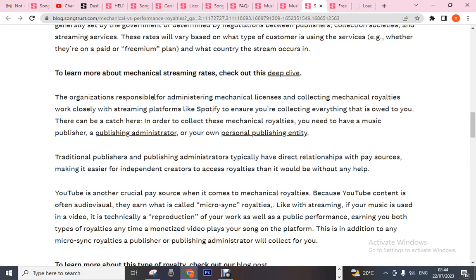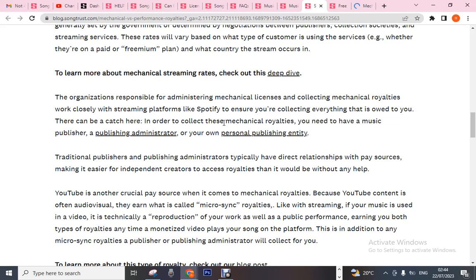The organizations responsible for administering mechanical licenses and collecting mechanical royalties work closely with the streaming platforms like Spotify to ensure you are collecting everything that is owed to you. There can be a catch here.